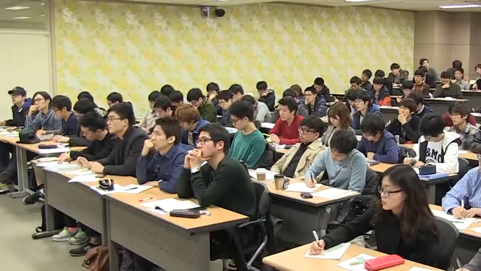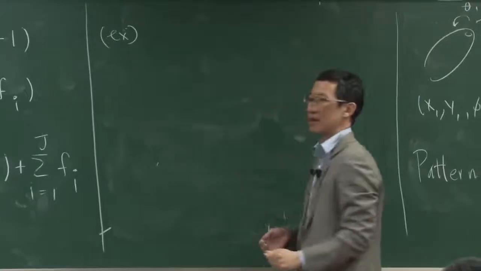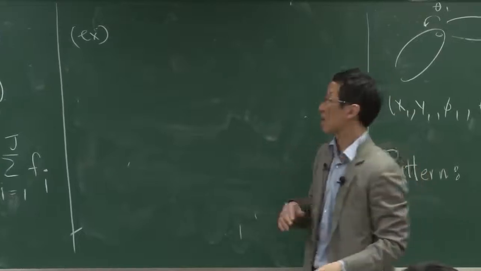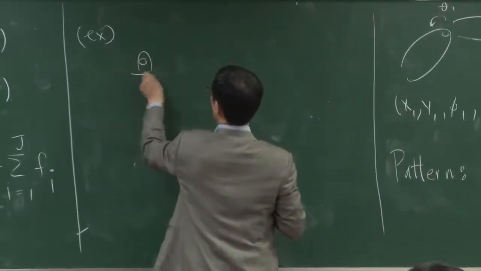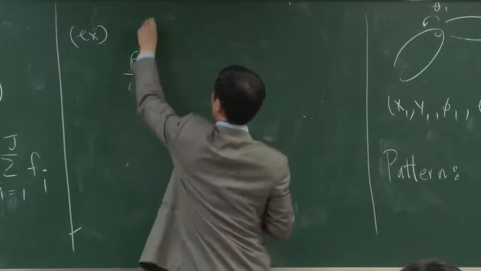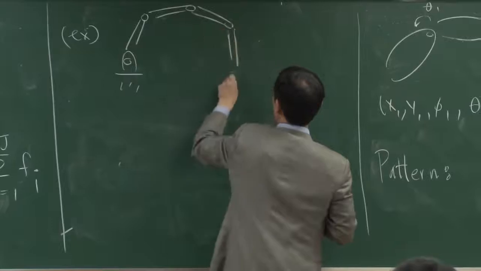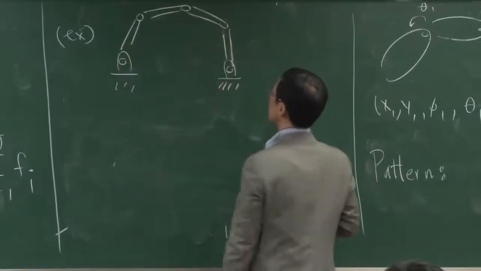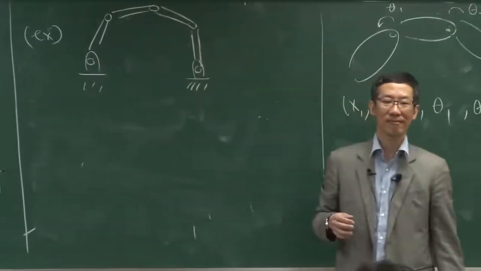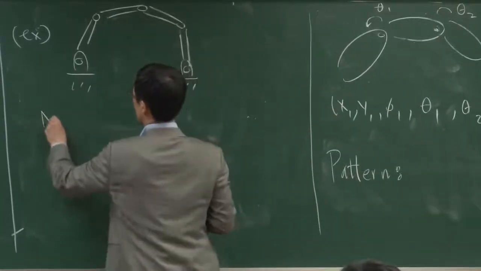Let's see if it works. Well, the 4-bar linkage we already did, so let's do the 5-bar linkage. I'm going to add one more link in this structure. So let's now count the number of links.